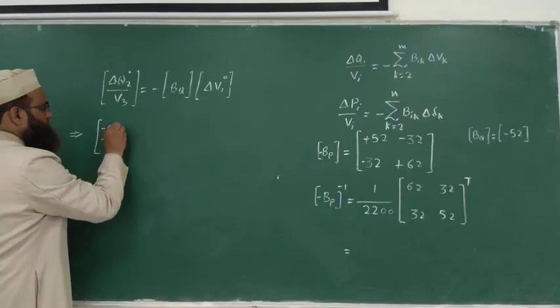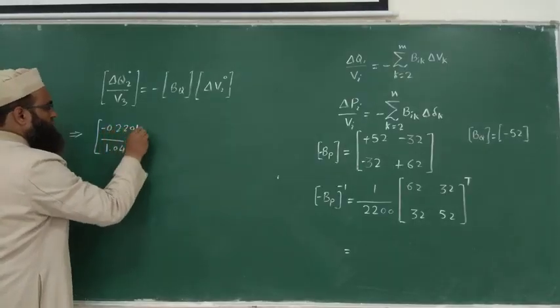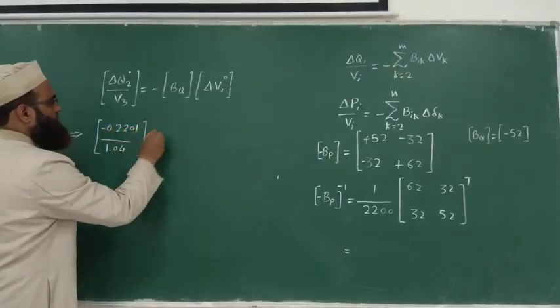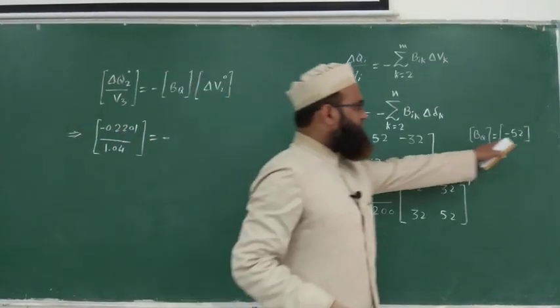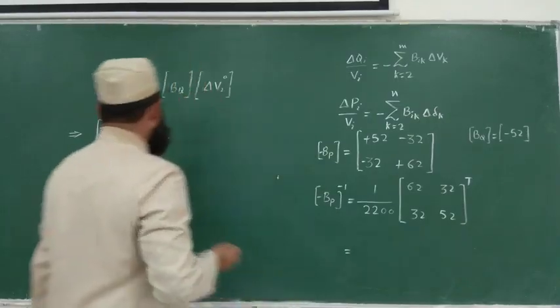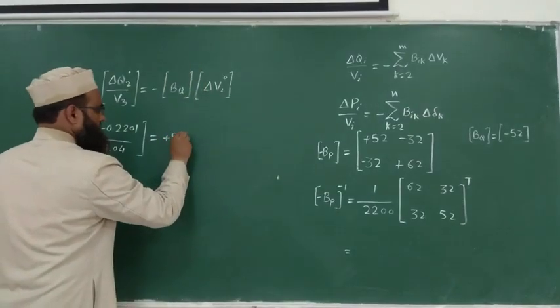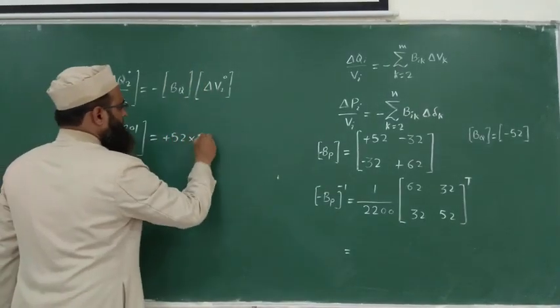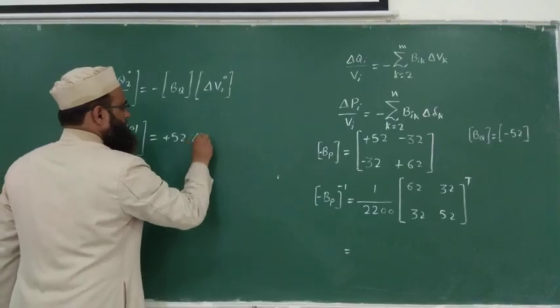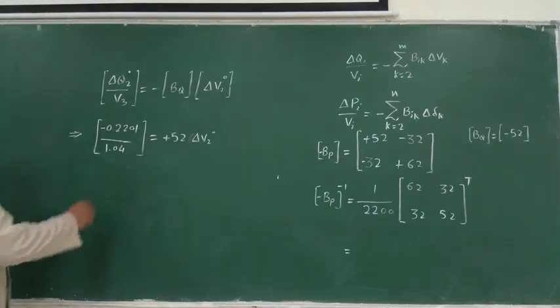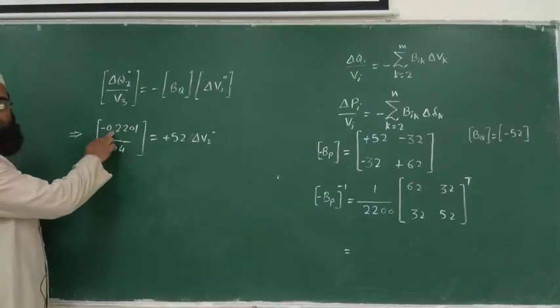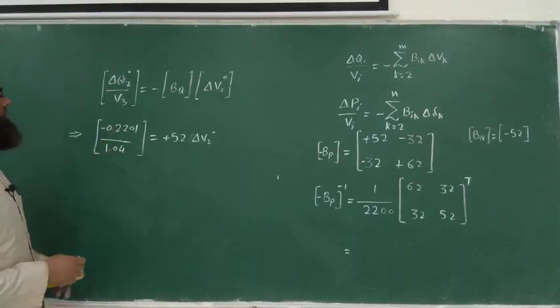So tell me the values. Minus 0.2201 upon this, you may write is equal to minus of what was BQ? Minus 52. So this will be plus 52 times, directly write del V2 0, 1.0.